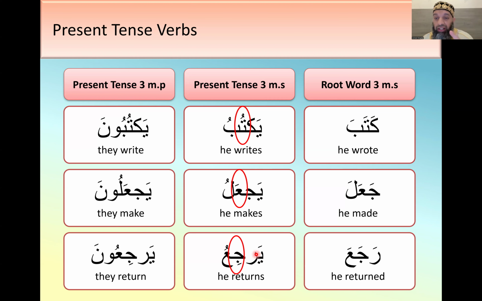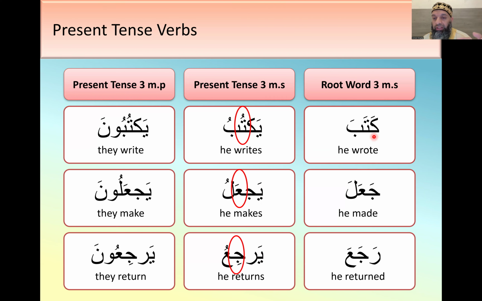That's how you can tell a verb is present tense. Present tense verbs have an extra letter added to the start of the root verb. When you add something to the start of it, it's a signifier that it is a present verb.